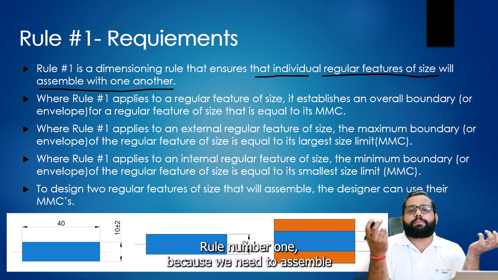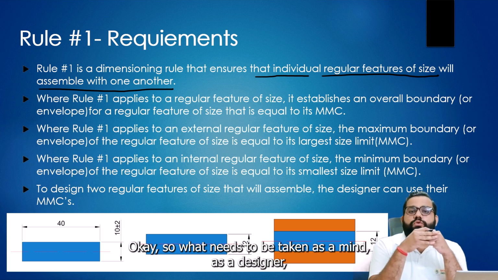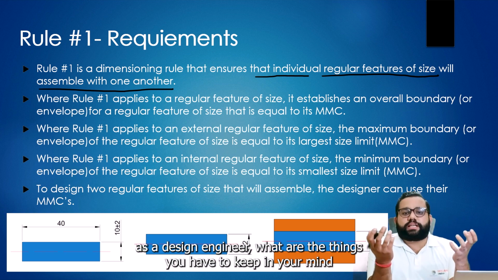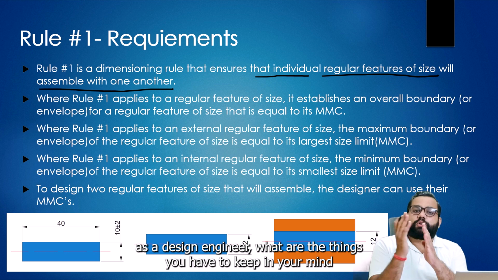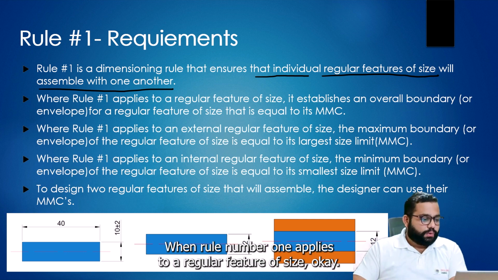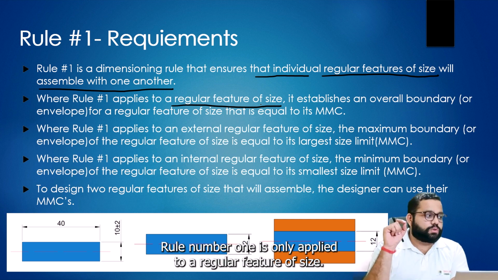Because we need to assemble the mating parts, the hole and the shaft, with one another. As a design engineer, what do you have to keep in mind to obey rule number 1? The very important thing is that rule number 1 is only applied to a regular feature of size.